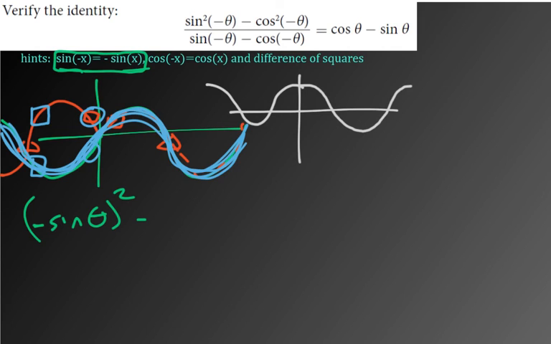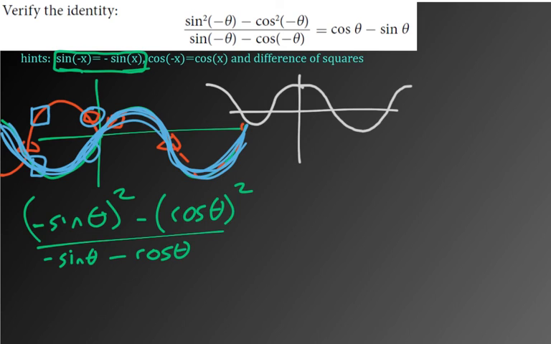And then the next part, we're squaring cosine of negative theta, but cosine of negative theta is really just cosine of theta. And on the bottom, sine of negative theta is negative sine of theta, and then cosine of negative theta is just cosine of theta.